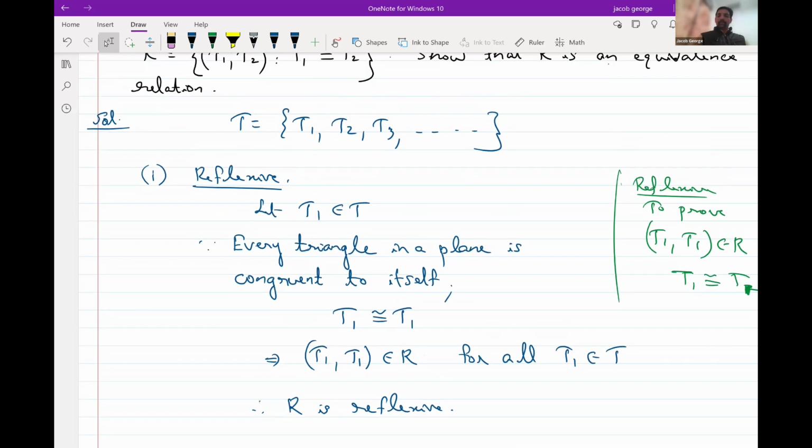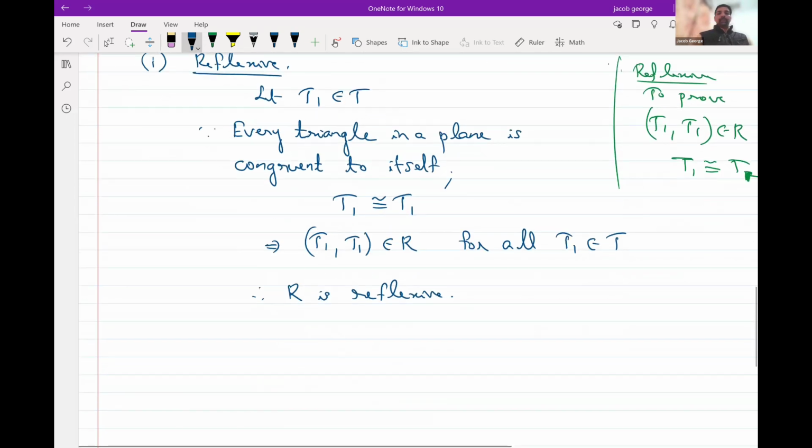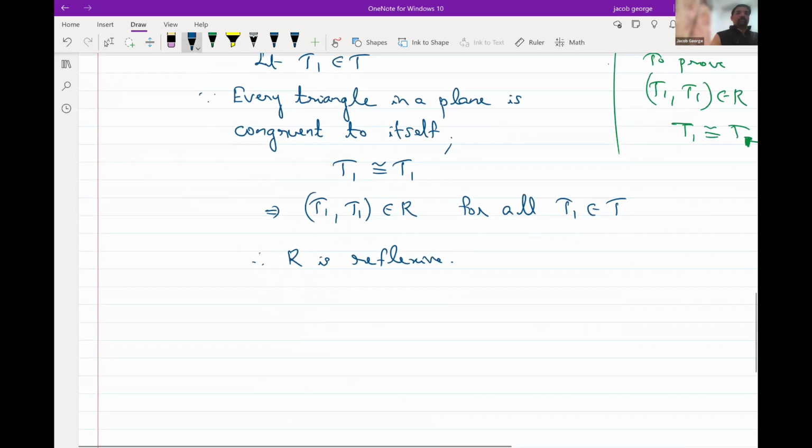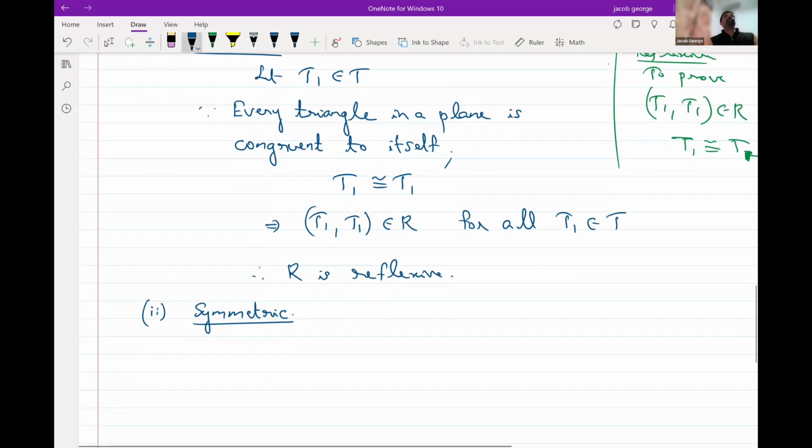Did you complete this reflexive proof? All of you completed the reflexive part. Okay, next is symmetric.